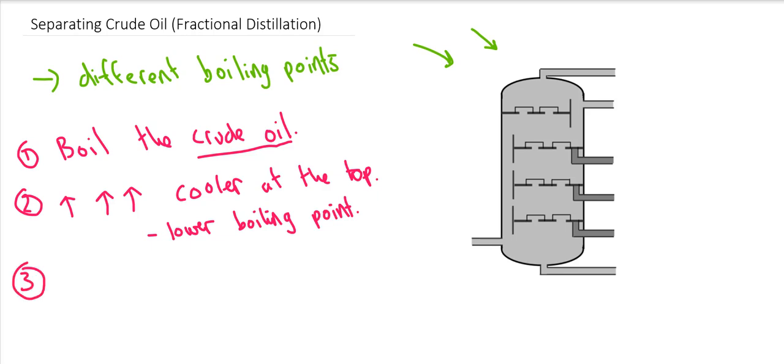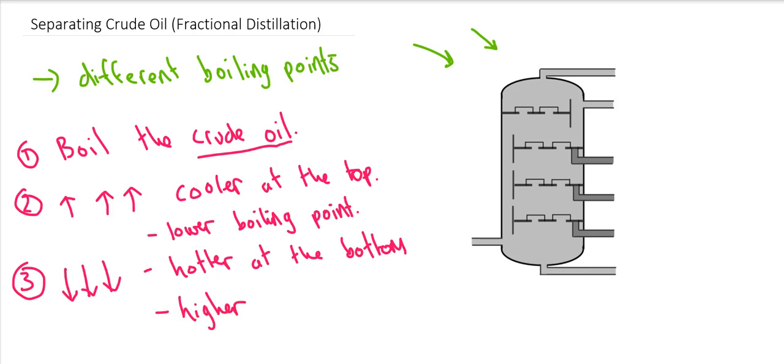Whereas when we look at the longer alkanes, we see that they tend to fall to the bottom of the column. This is because it's much hotter at the bottom. And the reason the longer alkanes fall to the bottom is because they have a much higher boiling point. They have this higher boiling point due to stronger intermolecular forces.